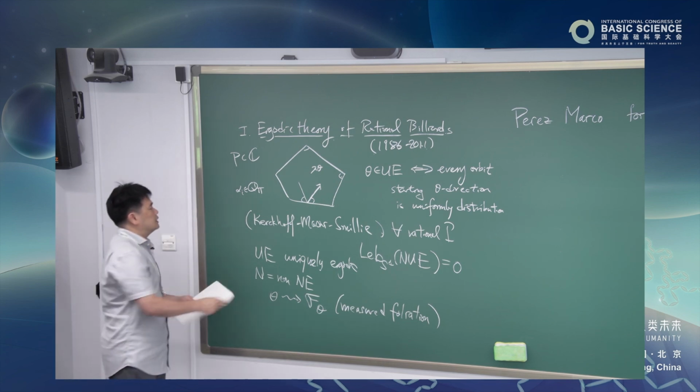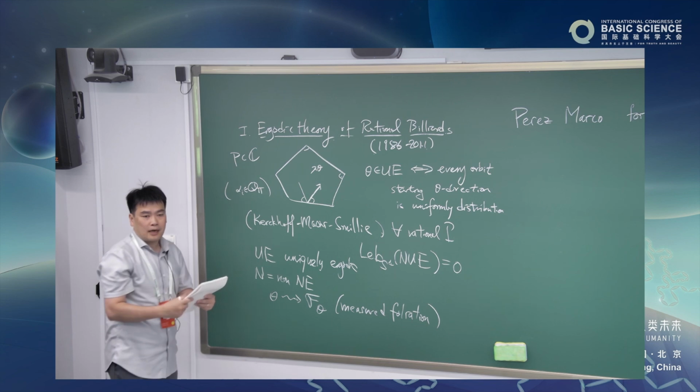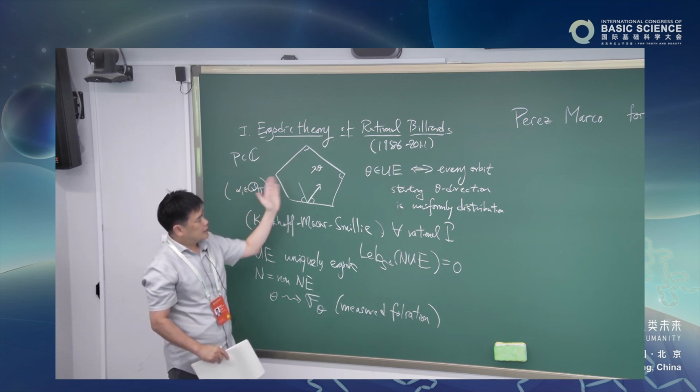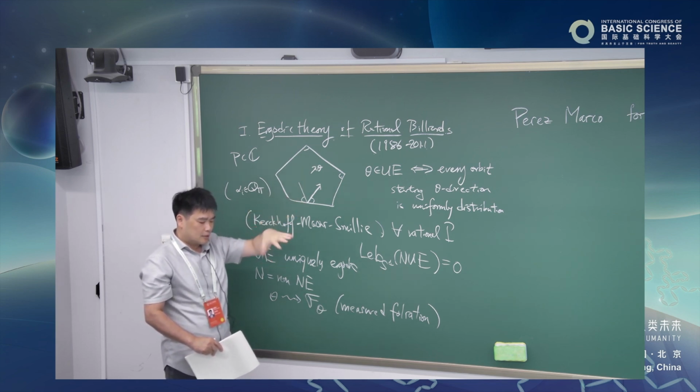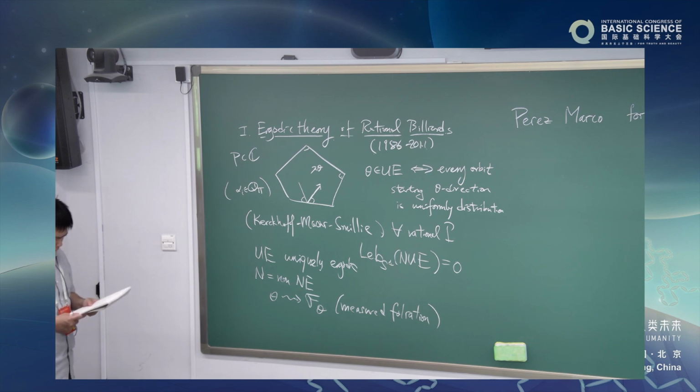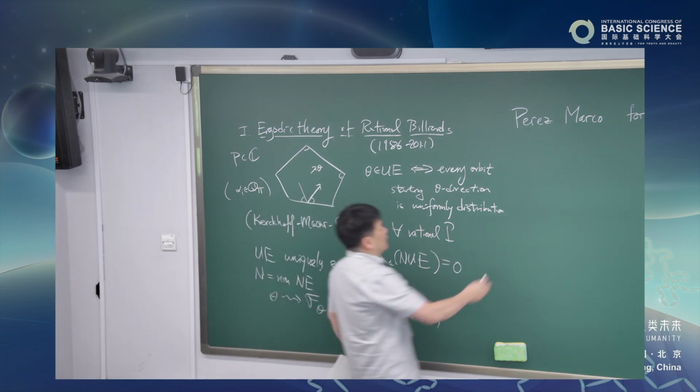And the reason you need the angles to be rational multiples of pi is so that when you try to understand the dynamics, you unfold the table and you close up a Riemann surface out of it.